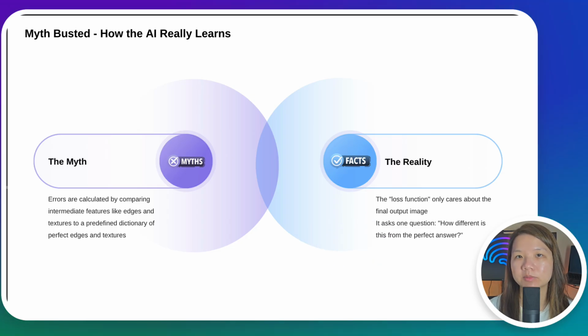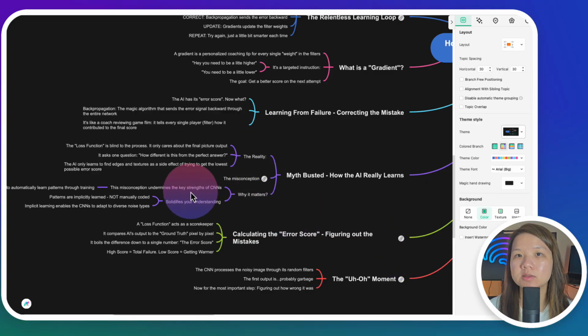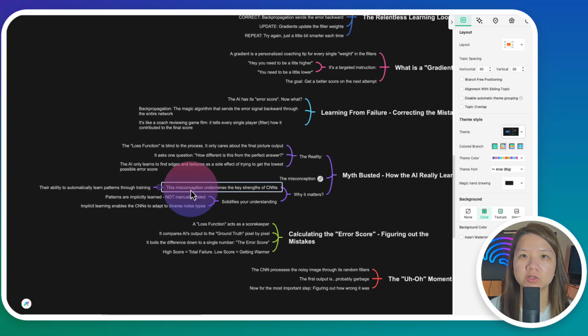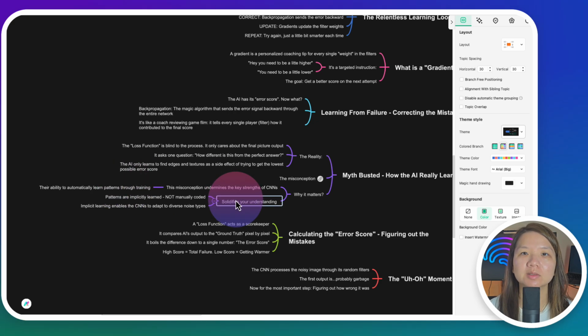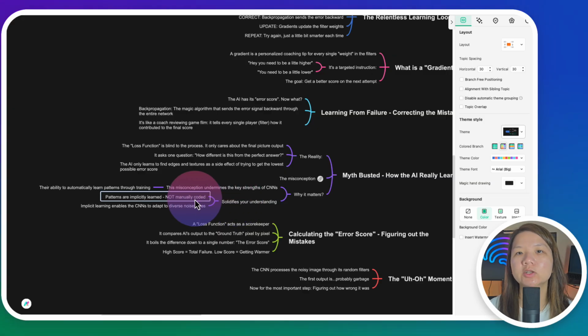This misconception suggests that CNNs rely on manually predefined features for error calculation, which undermines the key strength of CNNs, which is their ability to automatically learn relevant features through training. This clarification solidifies the understanding that features like edges or textures are intermediate representations only, learned implicitly to minimize the overall loss, and not compared to predefined patterns. This is crucial for appreciating the data-driven nature of CNNs.